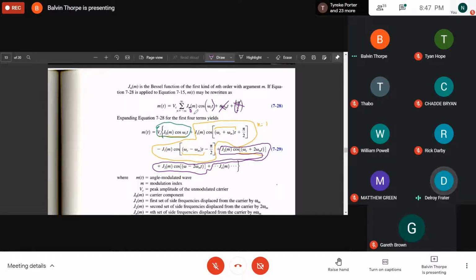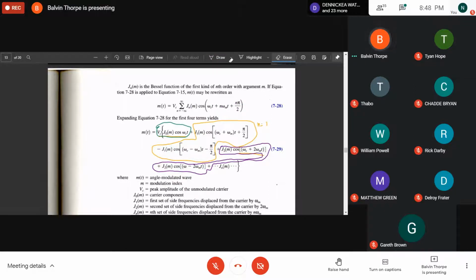All right, so when n equals 1 now, you're dealing with the lower band and the upper band. You have both sidebands. And that's why I circled this part in yellow. From this expression, this is when n is 1. So n being 1, let me just erase this so that you understand what we're talking about.